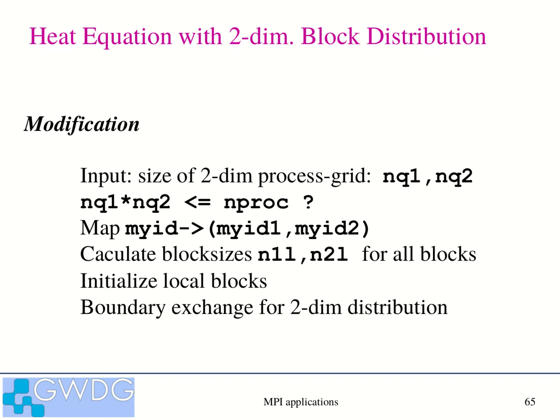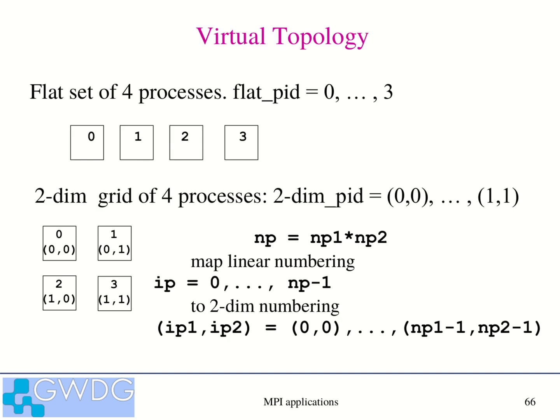So let us start with the topology and the numbering of the processes in a two-dimensional grid. So if I have just say 4 processors, which are normally a flat set of numbering 0 to 3, then in 2 dimensions I have to have 4 processes with two-dimensional numbering with two values for the coordinates of the processor.